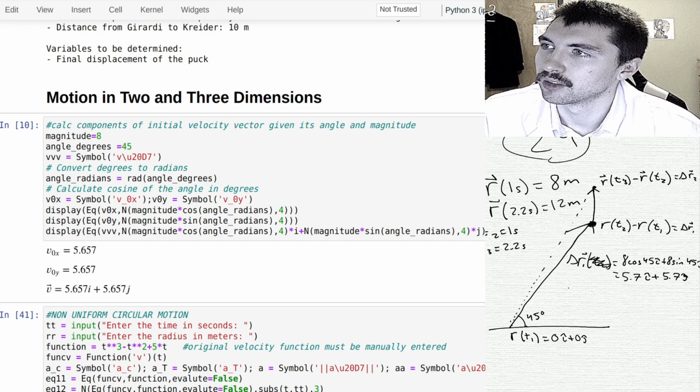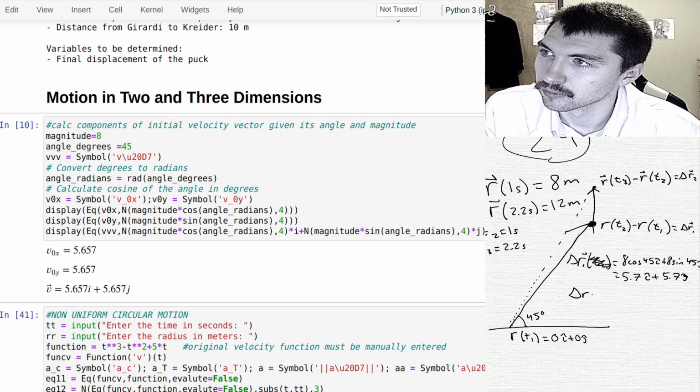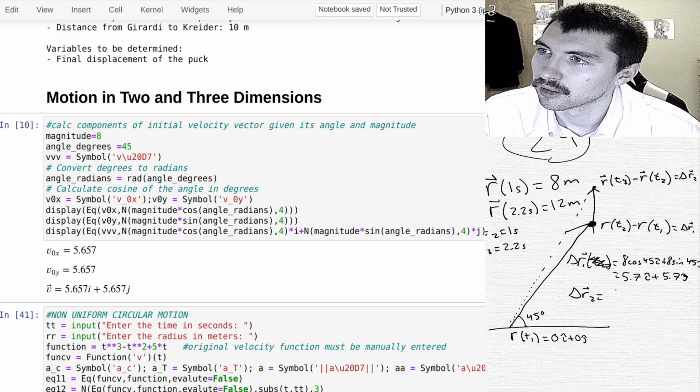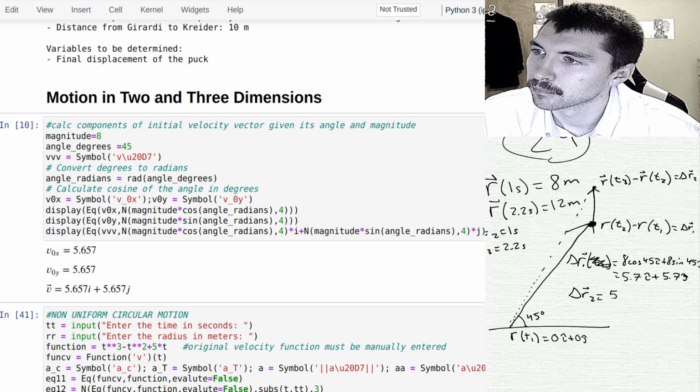Okay. And then we do T3, so that's going to be straight north, so it will be 8j, so it will just be 0 minus 5.7i plus 8 minus 5.7j.